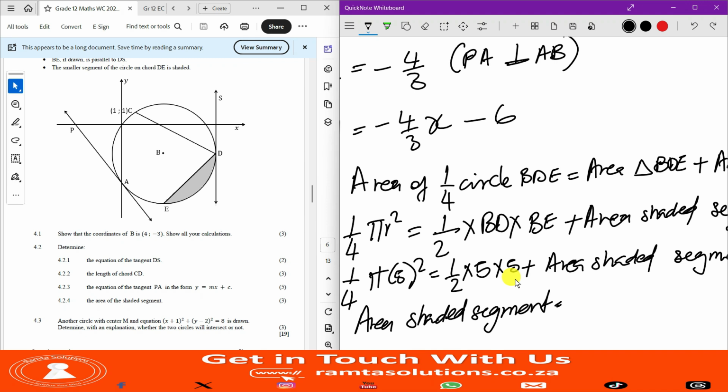Isn't it? So you will agree this is 7.13. This minus this will be the area of the shaded segment.